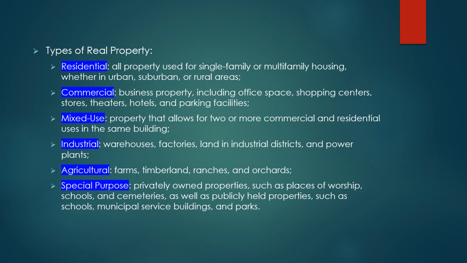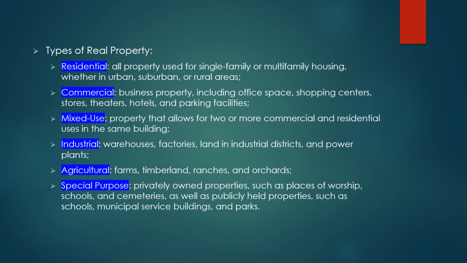Types of real property: residential, commercial, mixed use, industrial, agricultural, and special purpose. Residential property is all property used for single family or multifamily housing, whether in urban, suburban, or rural areas.